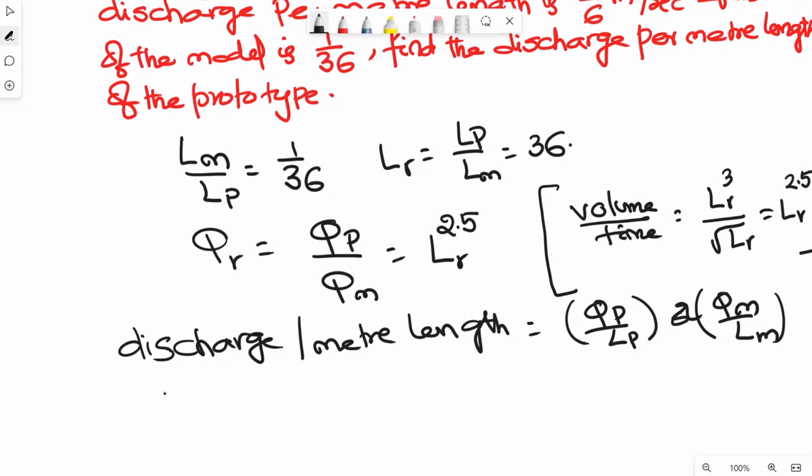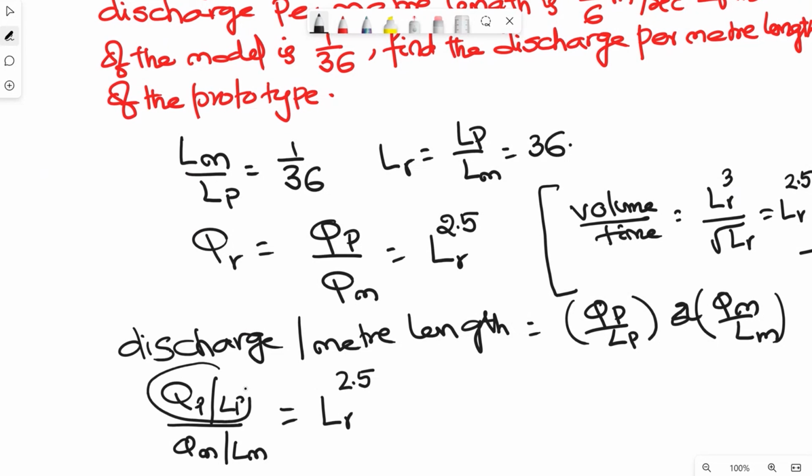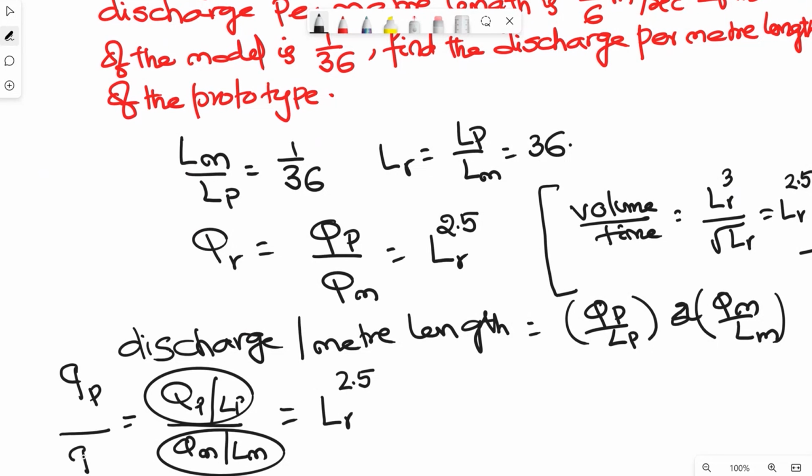So if I take Qp by Lp divided by Qm by Lm, it is equal to Lr to the power of 2.5 divided by Lr, because Lp by Lm is Lr to the power of 1. Therefore, this is discharge per meter length, which I can write as small qp divided by small qm. He has given only small qm.